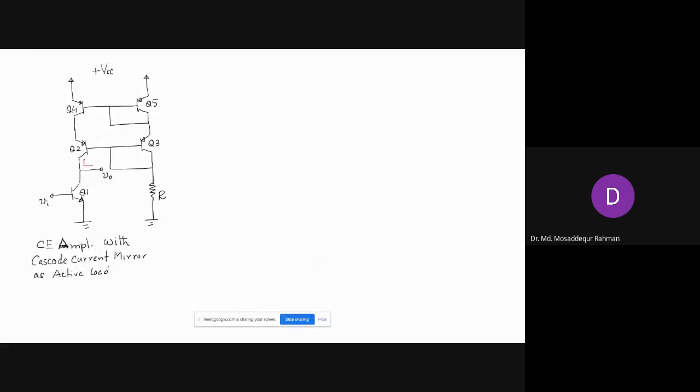Now here the resistance, let's call it R02, and the resistance here is R01. Now R01 remains the same as before, R0. And what will be R02?